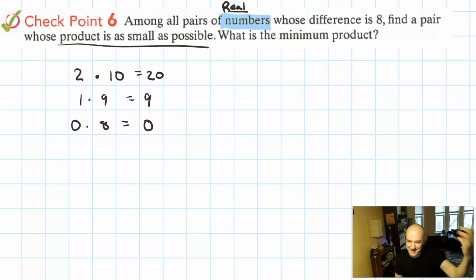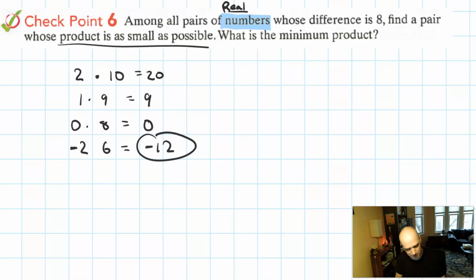So we have to be thinking about everything. It actually probably could include complex numbers, but it's going to end up being restricted to the reals. And so, for example, let's do -2 and 6. That product would be -12. Well, guess what? 12 is bigger than 0, but -12 is smaller than 0.